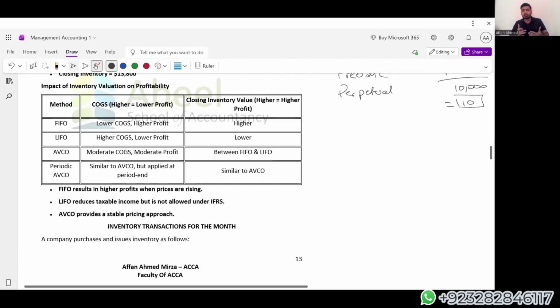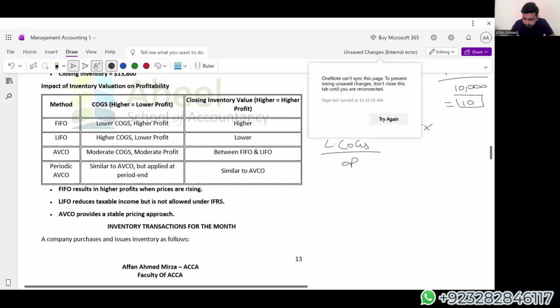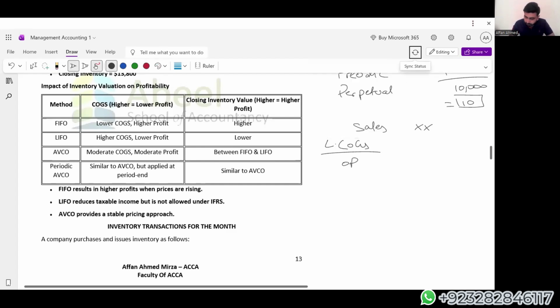If you are looking at FIFO, I'm just writing down a format for you. We have our sales less cost of goods sold. In cost of goods sold, we have our opening inventory plus our purchases less our closing inventory.